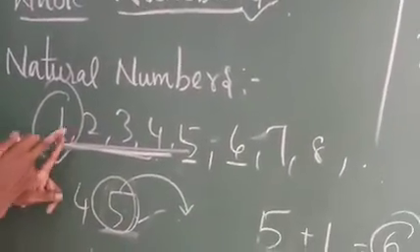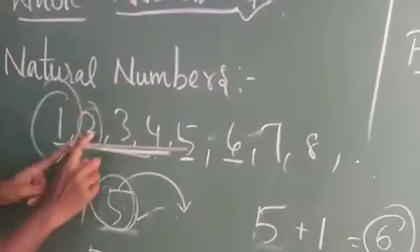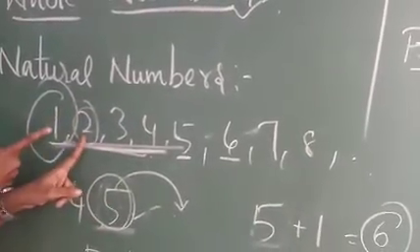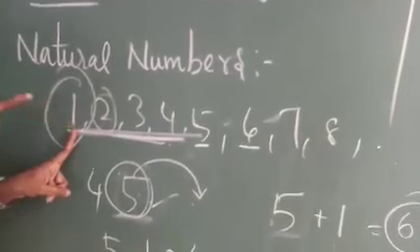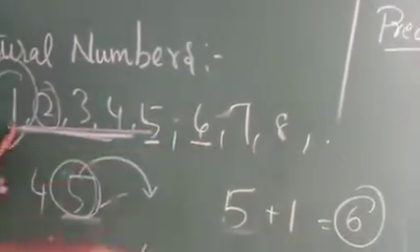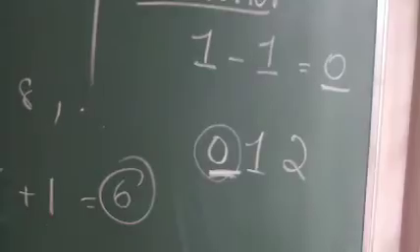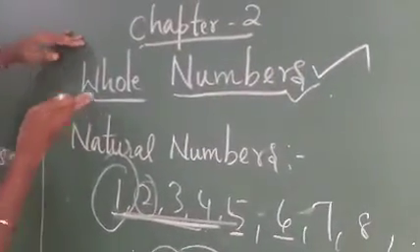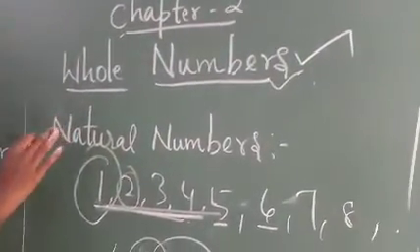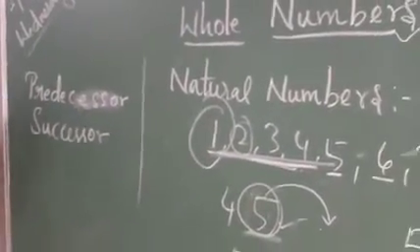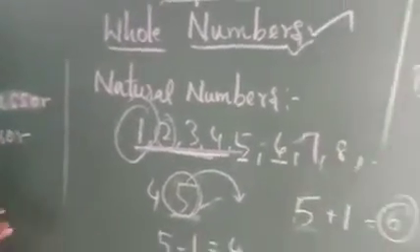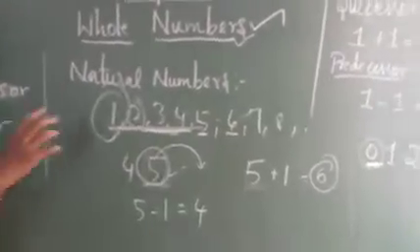If I find the predecessor for 1, what am I getting? 0. So if the numbers start from 0, those numbers are known as the whole numbers. This is the main concept you have to know. Whenever anyone asks what a whole number is, the numbers which start from 0 are known as the whole numbers.